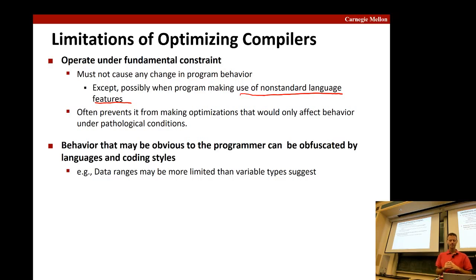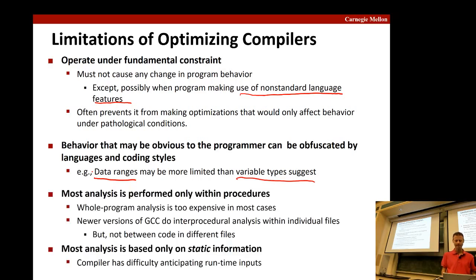You may define a variable that has a fairly wide range, but as a programmer, there's only some number of possible data values you're going to use in your program. Because that's in your head, you think the compiler should know that too, but it doesn't.